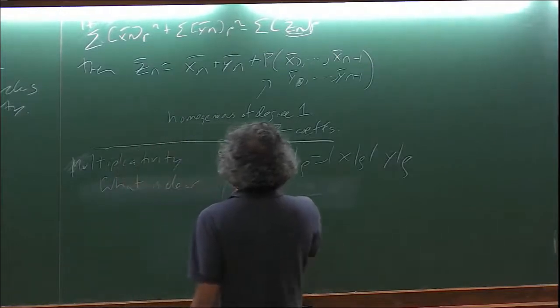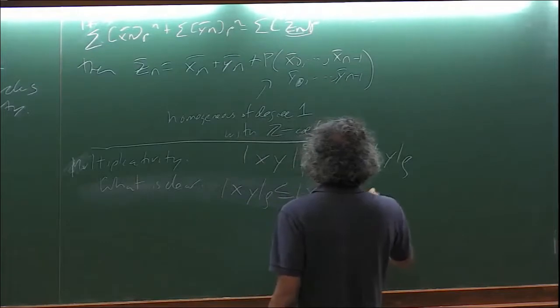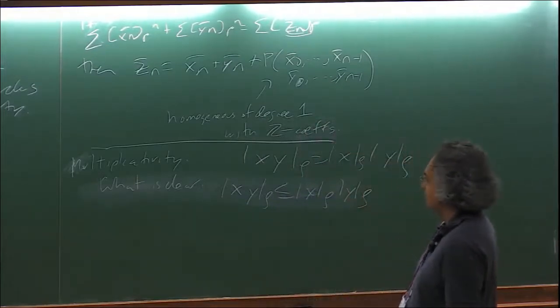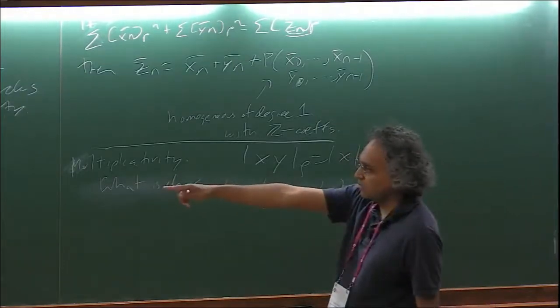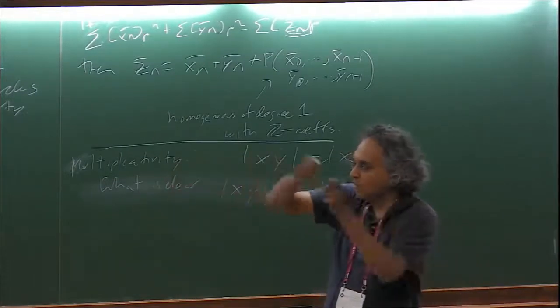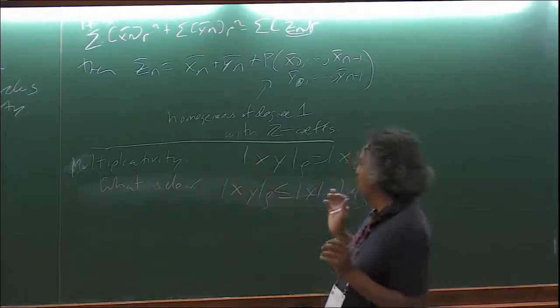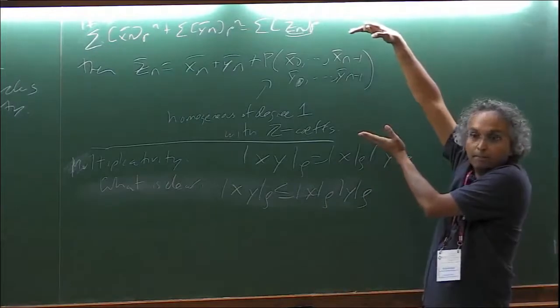What is clear is that you're getting something submultiplicative. How do you get this product? You write each of x and y as a sum of monomials, you multiply each of those monomials together, and then you consolidate. When you consolidate, we already know that you don't make anything bigger.